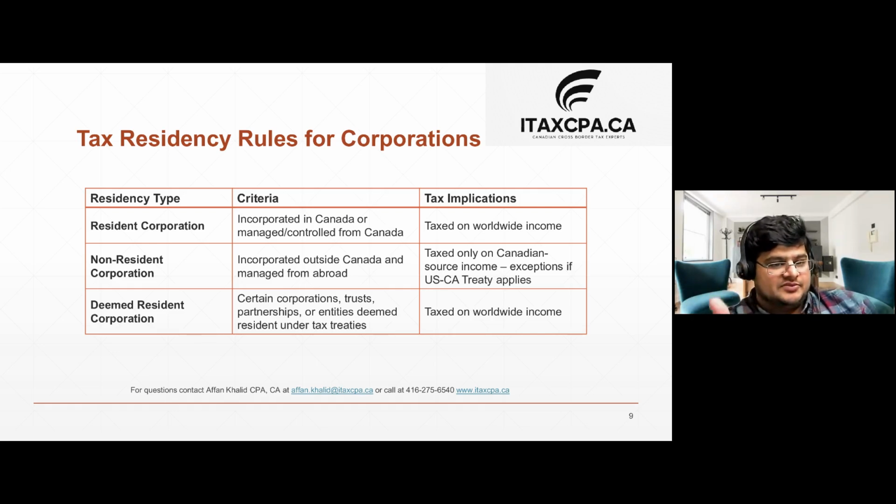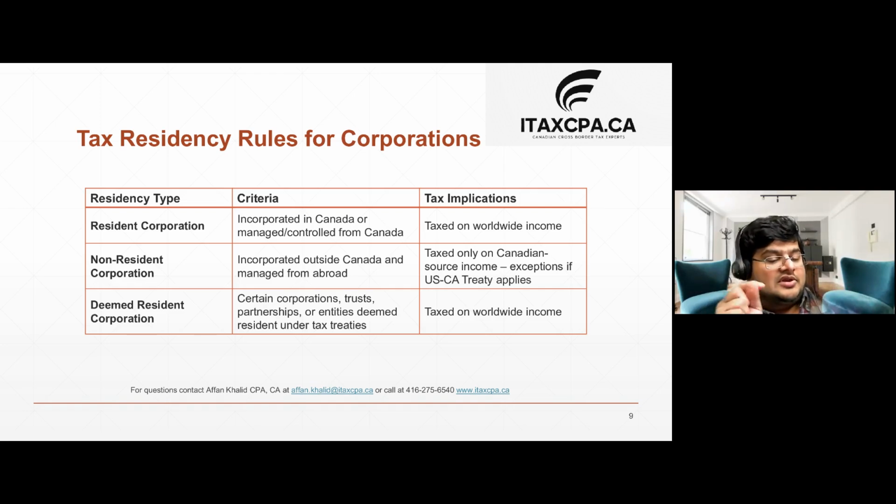they are generally subject to tax on Canadian source income. In the context of the tax treaty between the US and Canada, we get into the permanent establishment rules and residency rules. But again, a non-resident corporation is taxed on Canadian source income only, unless your mind and management, or board of directors, are in Canada, in which case there can be other issues.